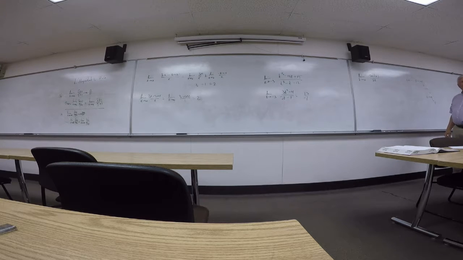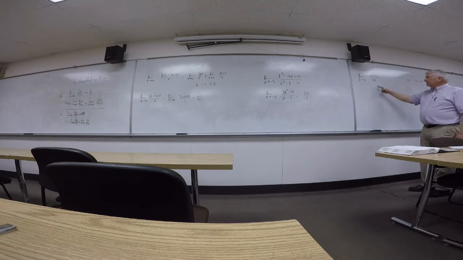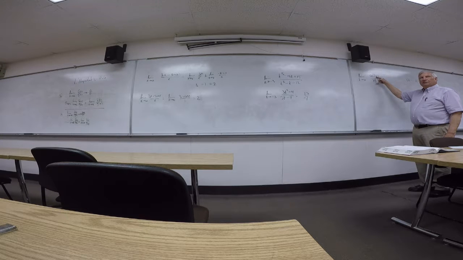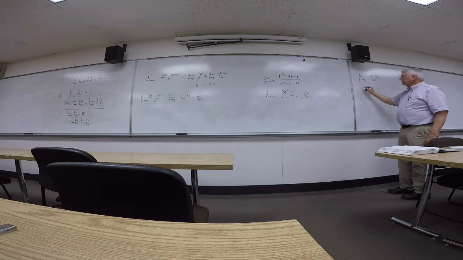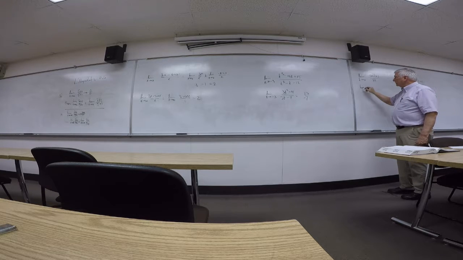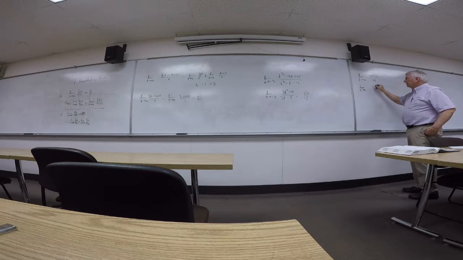Or apply L'Hopital, because plugging in 0, the sine of 0 is 0. Twice 0 is 0. So let's apply L'Hopital. It says, what is the limit as t approaches 0 of 5 times the cosine of 5t over 2.